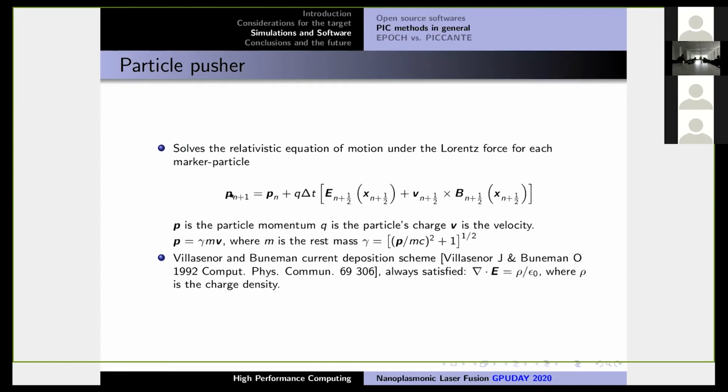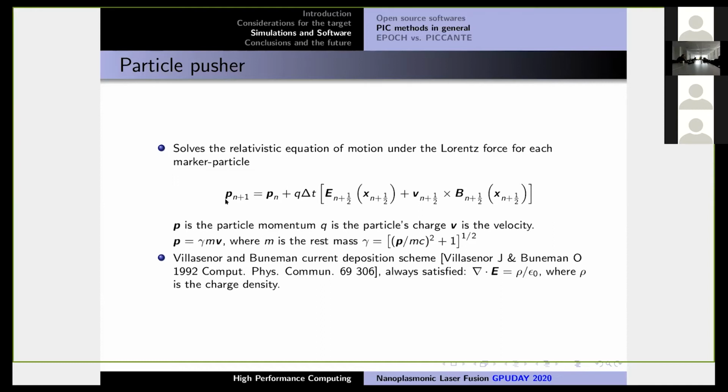One important thing is that the momenta is usually calculated so that the shape of the particle is not taken into account.